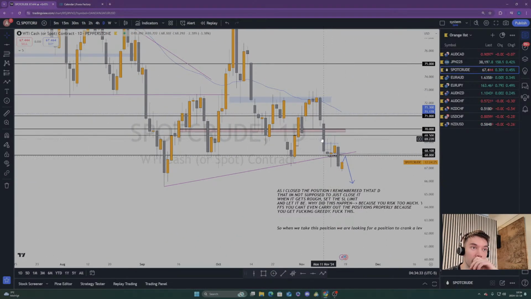So look at this, clean bearish engulfing break of structure. Sorry, you could say break of structure, but break of the support here. We want to see it come up, retest this level, and bust down lower. All right.